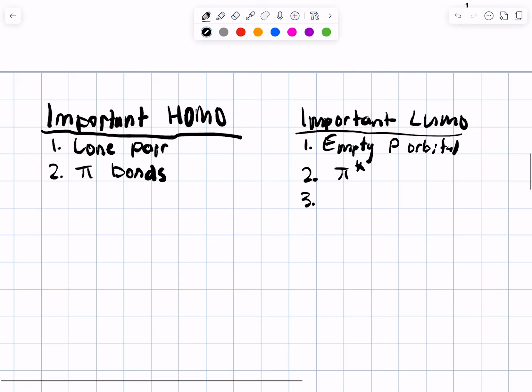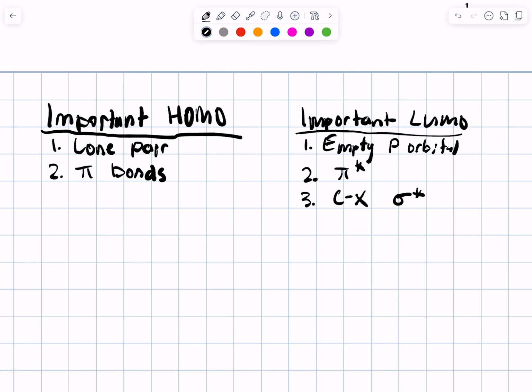And then third is going to be a sigma star orbital between a carbon and, we'll call it, kind of an interesting atom, often a halogen. So often that X is going to stand in place for something like chlorine or bromine or iodine for those halogens. But we'll see throughout the semester that there can be other things there as well.